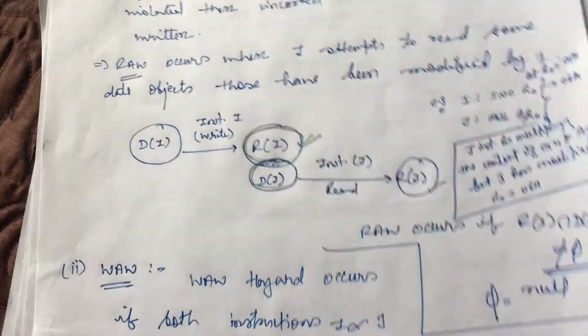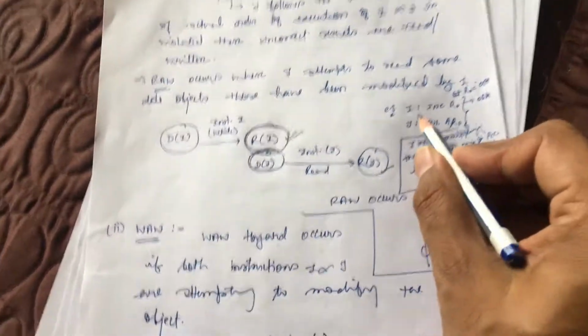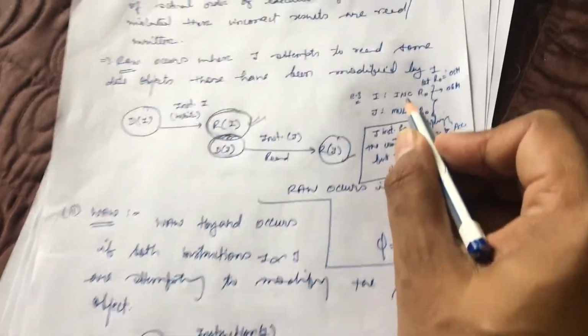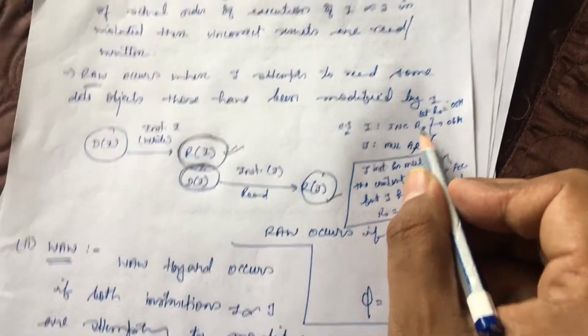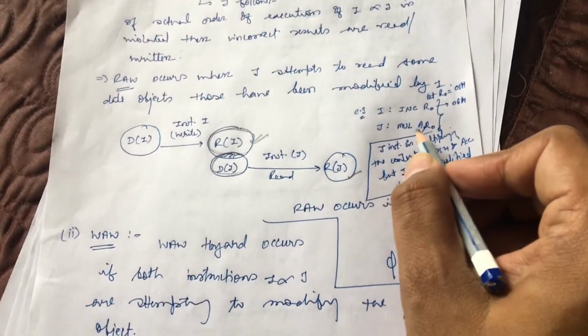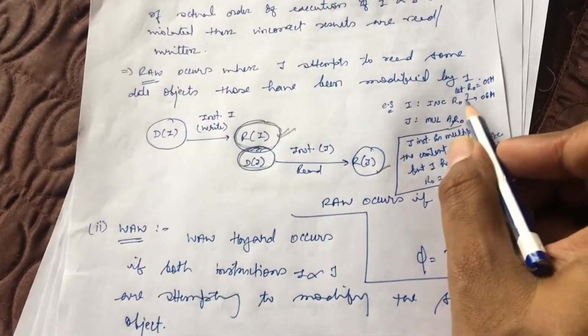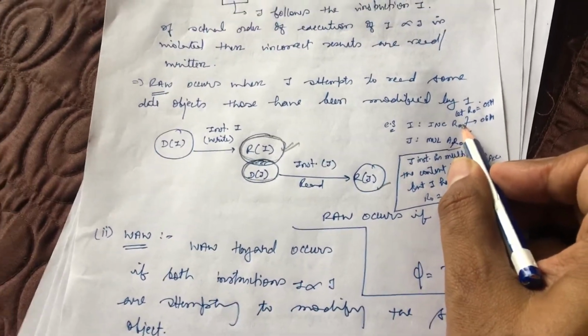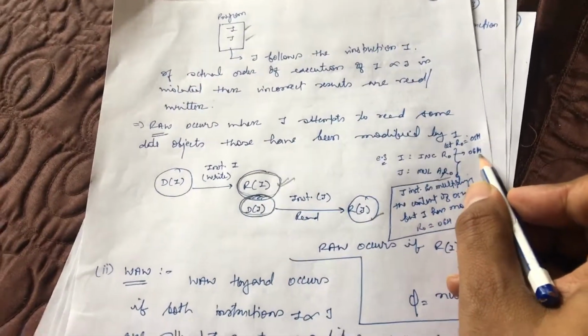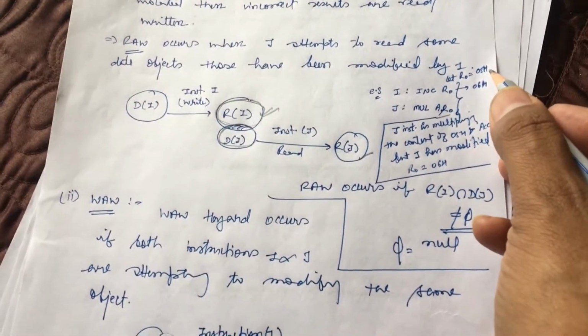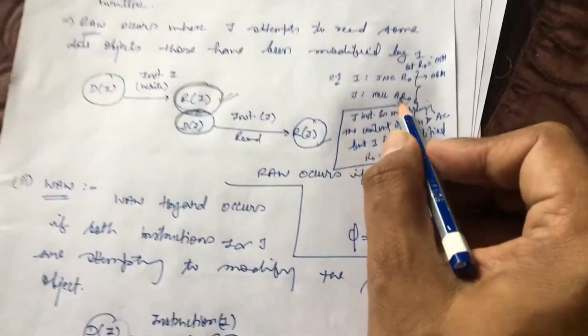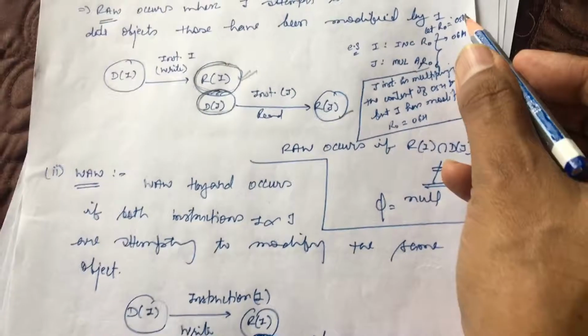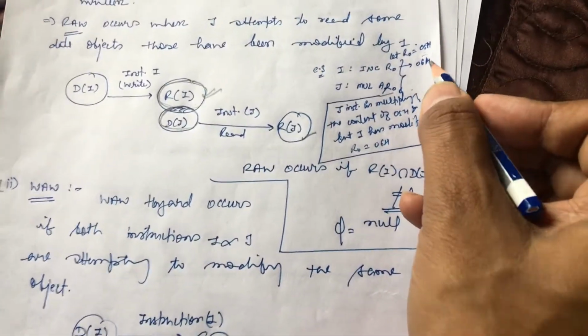This change we can also explain with the help of one example. In the first instruction, increment R0. Second instruction, J is multiplication of A with R0. In case of this one, R0 we have incremented to 06h. The previous value was 05h, and we are applying the multiplication operation by considering the value R0 only, which was 05h, but it has changed.